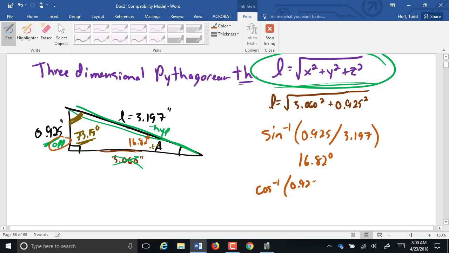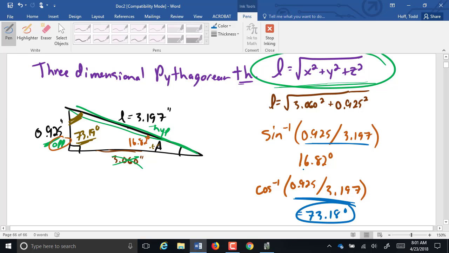Adjacent of 0.925 over 3.197. Notice this amount in here is the same. The result I'm going to get here if I punch it in is going to be 73.18 degrees. How do I know that?